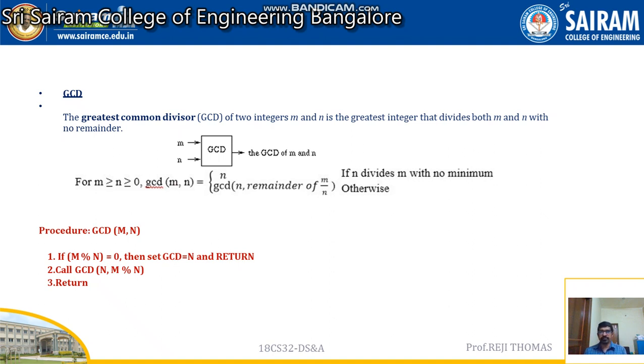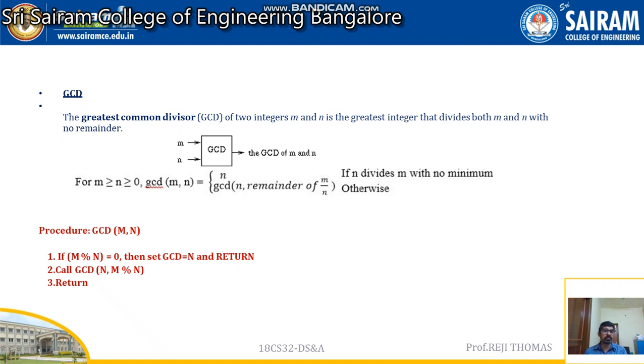So a small procedure is written. If m modulus n is equal to 0, you should remember what the modulus operator is. The modulus operator is the remainder operator, which is going to give you the remainder. Something like, if I take 3 modulus 4, it is going to give you 3. 4 modulus 3 is going to give you 1.